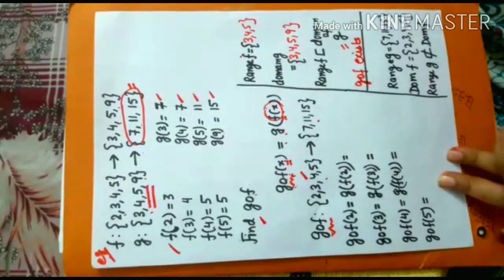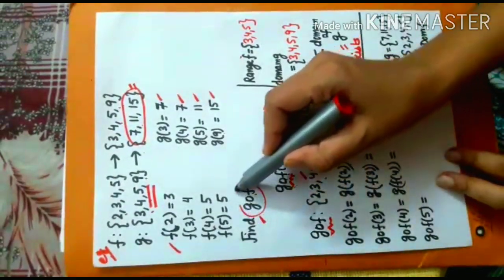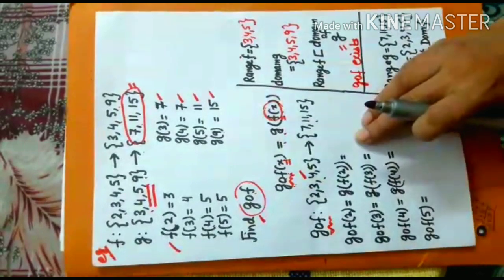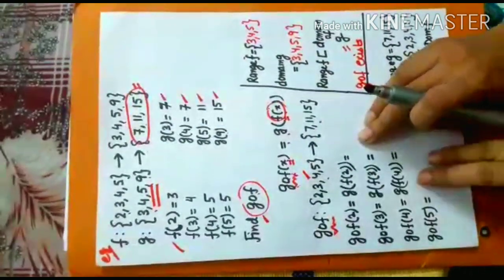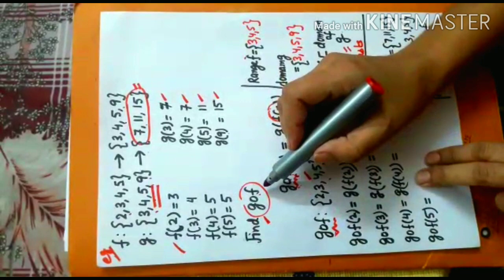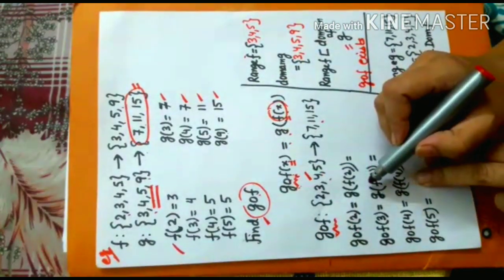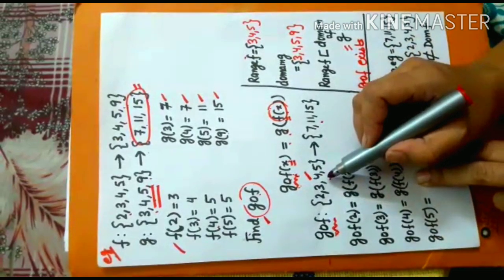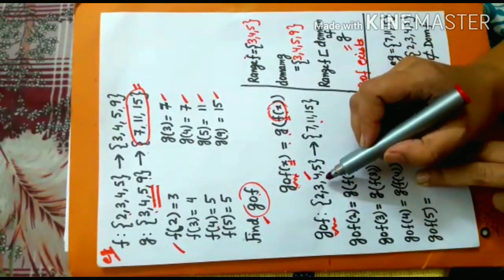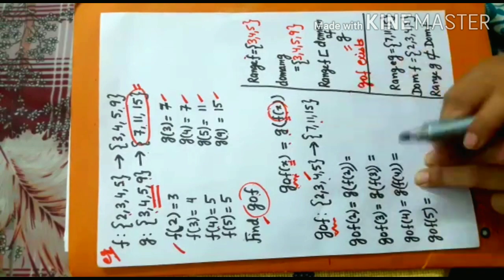Now according to the question, we have to find out this function. When we have to find out the function, that means I have to find the image of all the points of the domain.